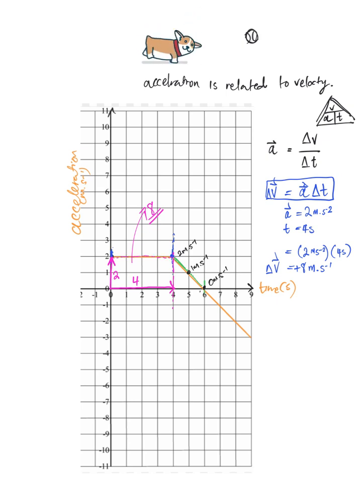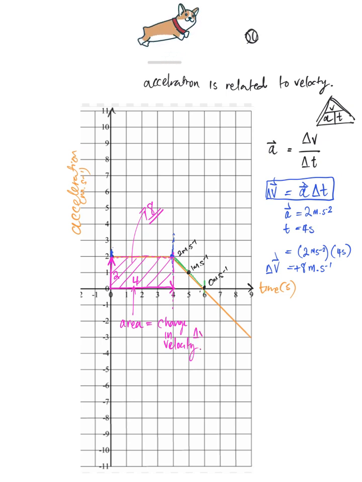So when I'm looking at this type of graph, if I can work out the area, it will give me the change in velocity.